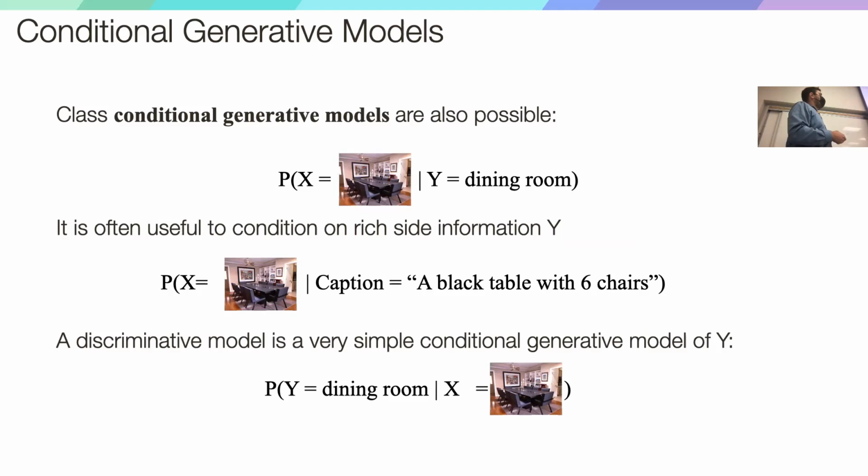So for example, there are papers that show that you can actually conditionally generate images by specifying a textual description of the image. Right? So for example, you could say generate a black table with 6 chairs, and then hopefully that model would exactly generate an image that would depict that. So that would correspond to modeling the conditional probability of the image given a textual description.